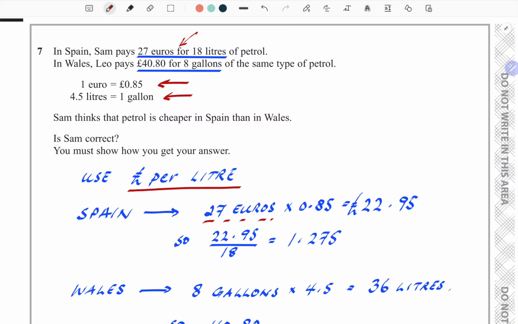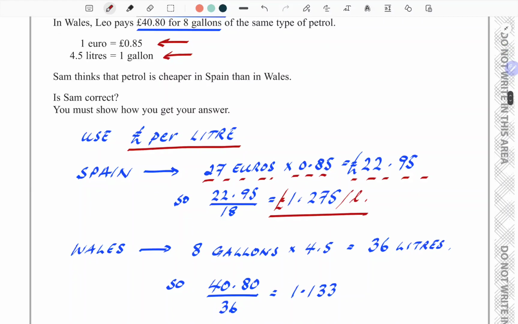If we multiply by 0.85, we get 22 pounds 95 pence paid for the 18 litres. So the price per litre is 22.95 divided by 18, and that gives us 1.275 pounds per litre. I've kept the extra decimal place.